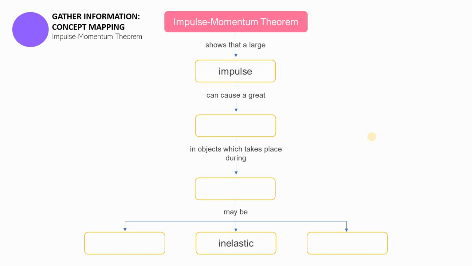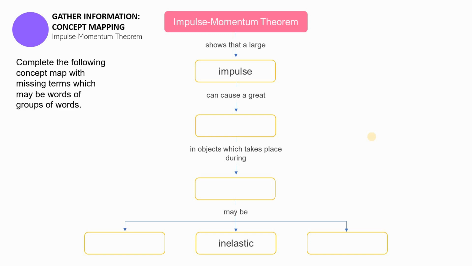If you're through, let us proceed with the answer. The impulse momentum theorem shows that a large impulse can cause a great change in momentum in objects, which takes place during collision that may be elastic, inelastic, and perfectly inelastic. Did you get all of the answers correctly? Check your work.